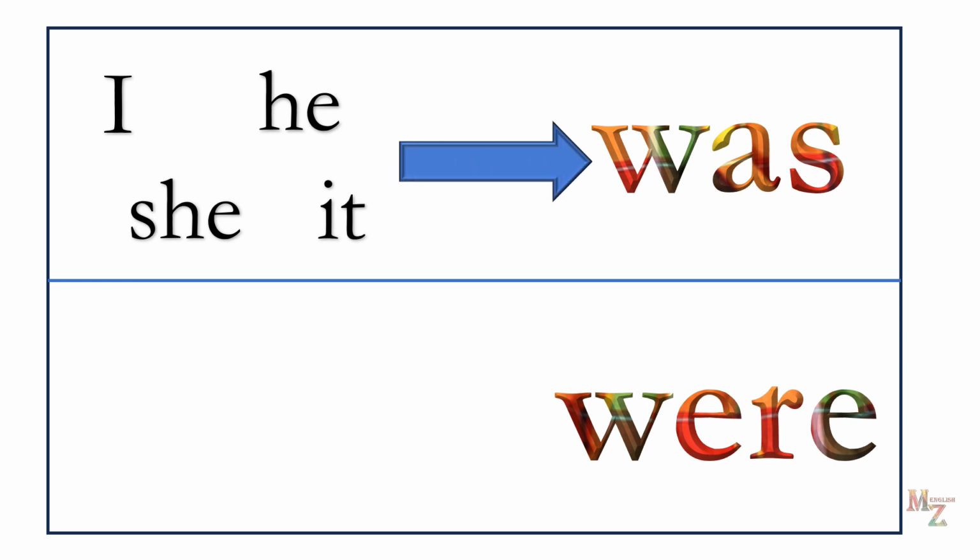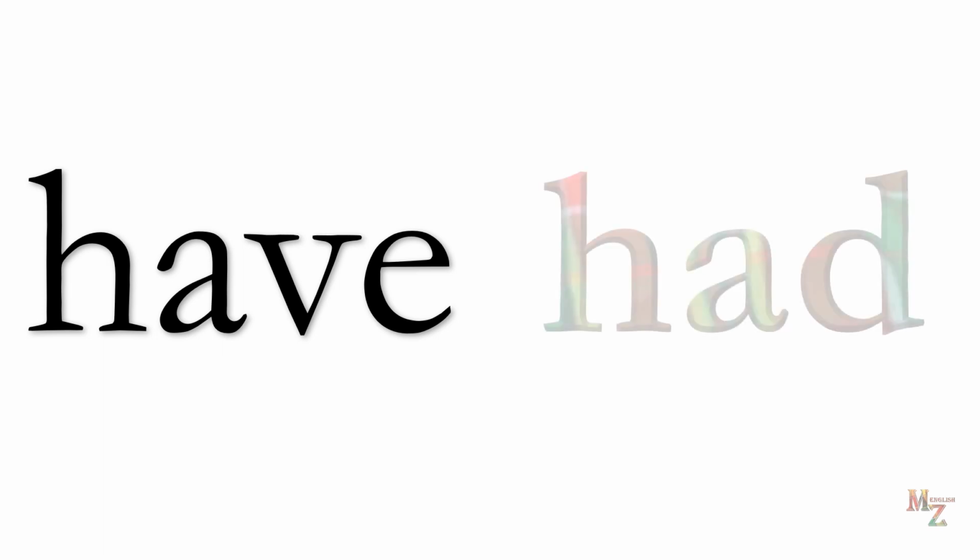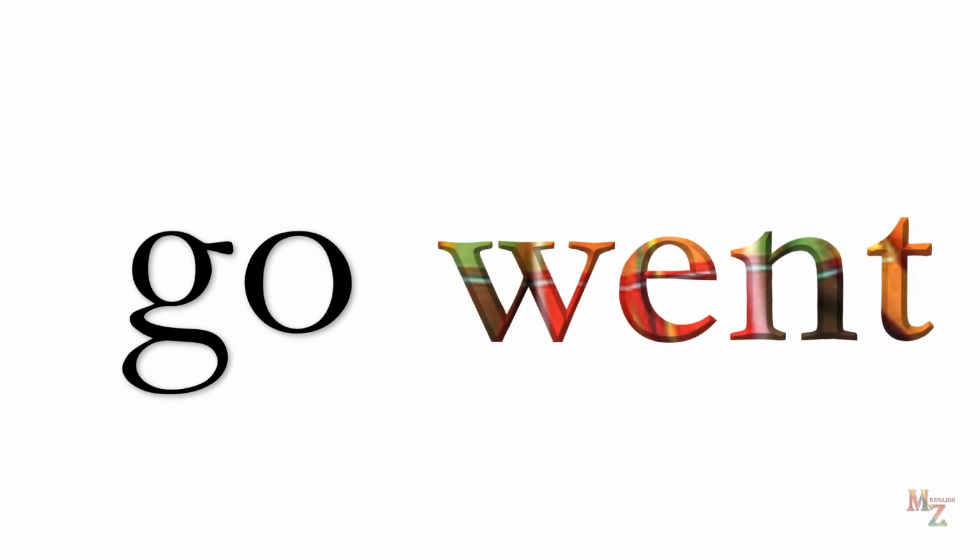We use you, both the singular and plural you, we, they, with were. The past tense of have is had. The past tense of go is went.